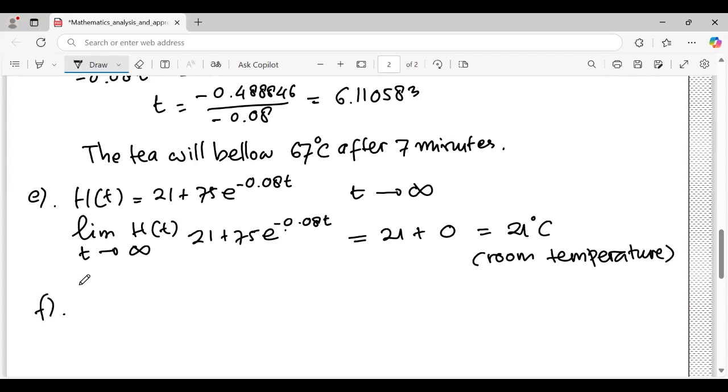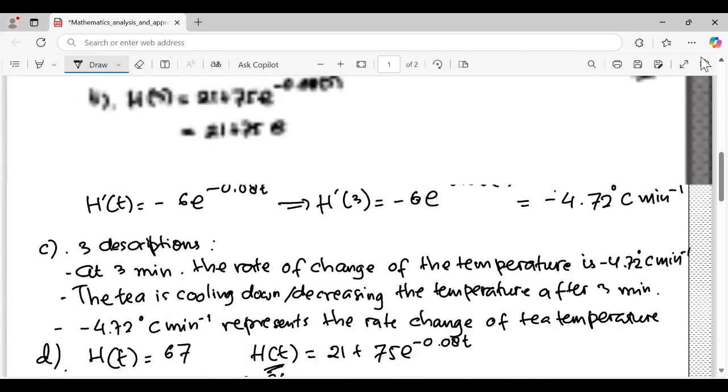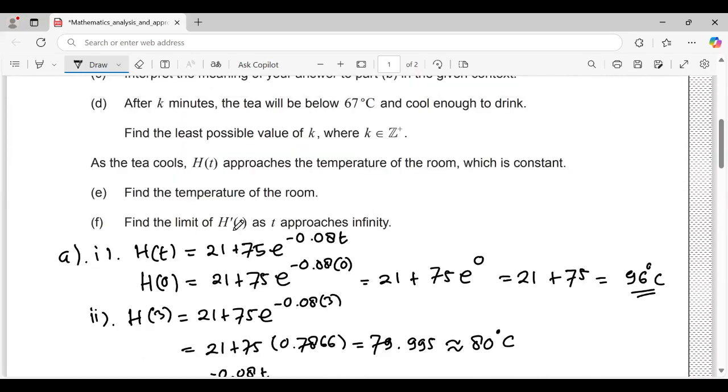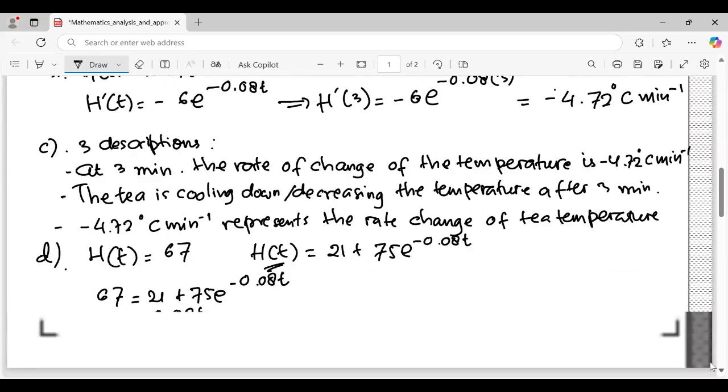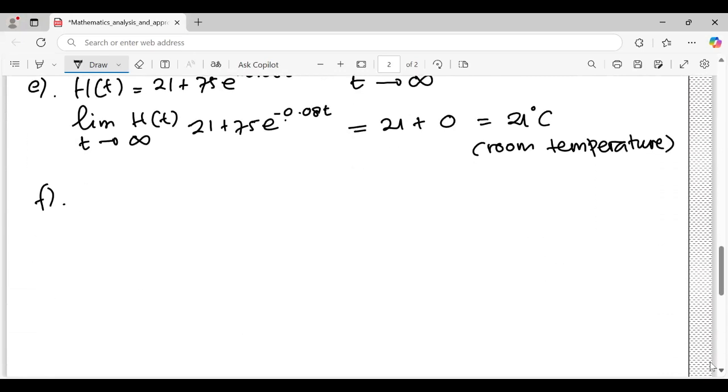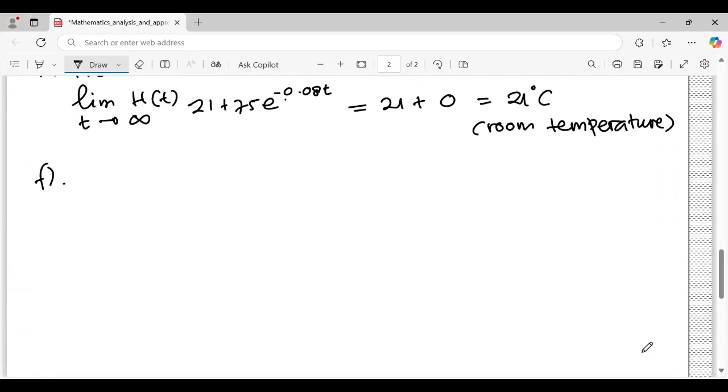Next. F. Find the limit of the first derivative as t approaches infinity. The first derivative is minus 6 e power minus 0.08t.